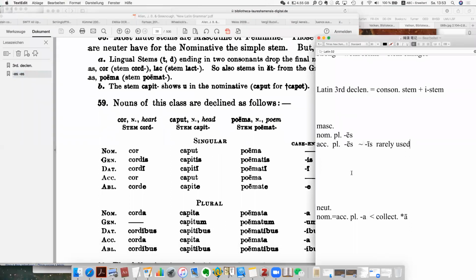So we find in the grammar that the accusative plural is not only in s but also in is.